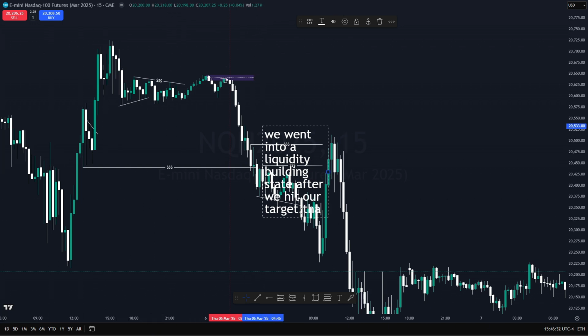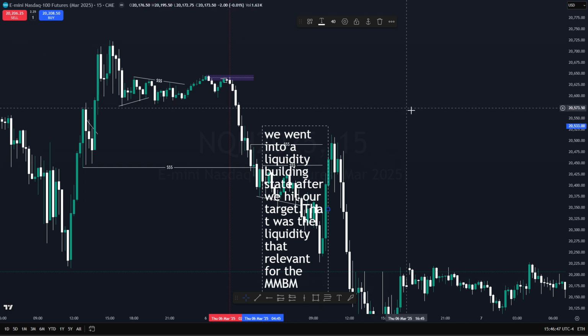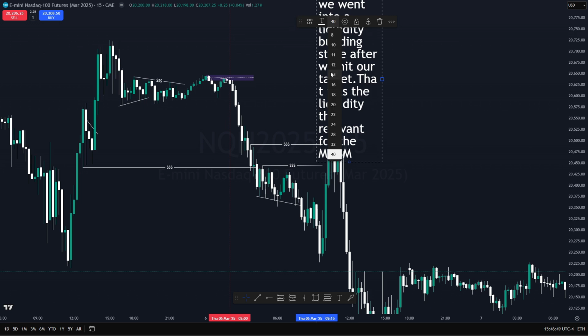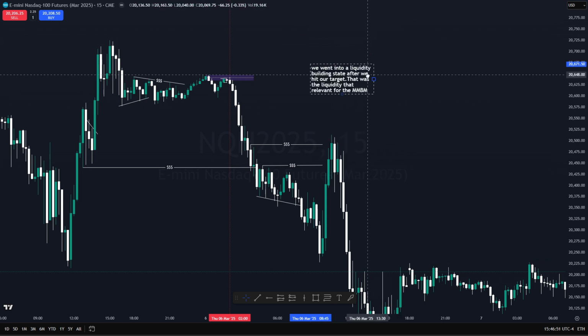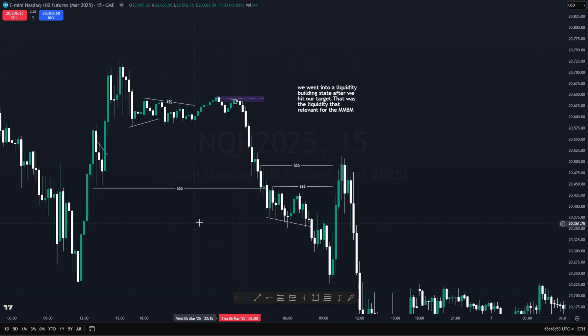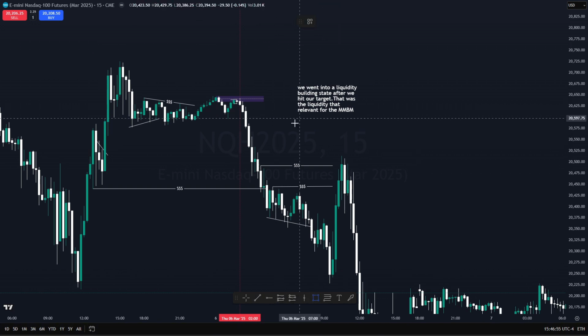That was the liquidity that was relevant for the market maker buy model that this entire move was. So what do I mean by market maker buy model?